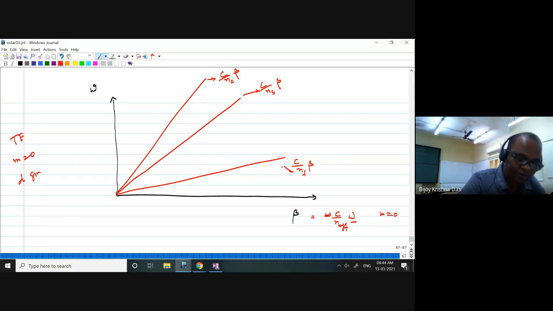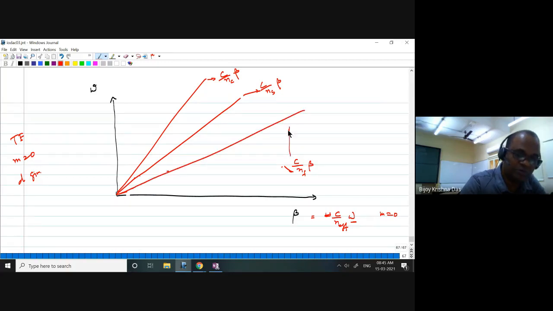I should get something like this, with a bit more slope, so this is the curve, and this is the m equal to 0 solution.